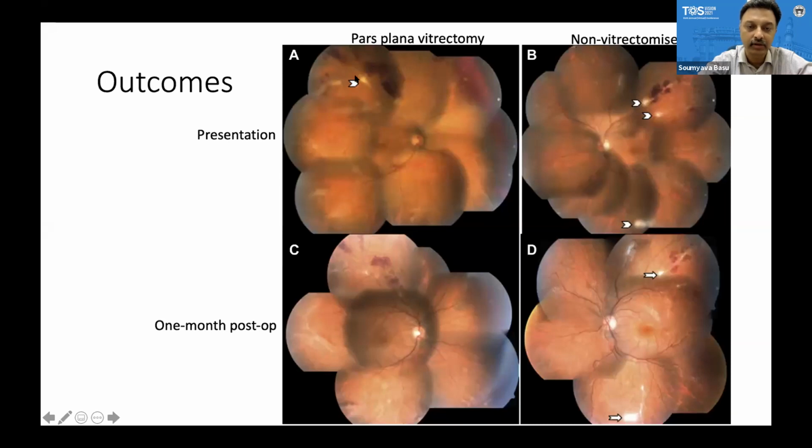You see the lesions on top have disappeared almost at 1 month post-op, and there are no new lesions. While in the non-vitrectomized eye of the same patient, you have some of these lesions persisting with nearly the same amount of brightness, and this lesion increasing further in size despite having the same systemic therapy. So this shows the therapeutic benefit of pars plana vitrectomy.